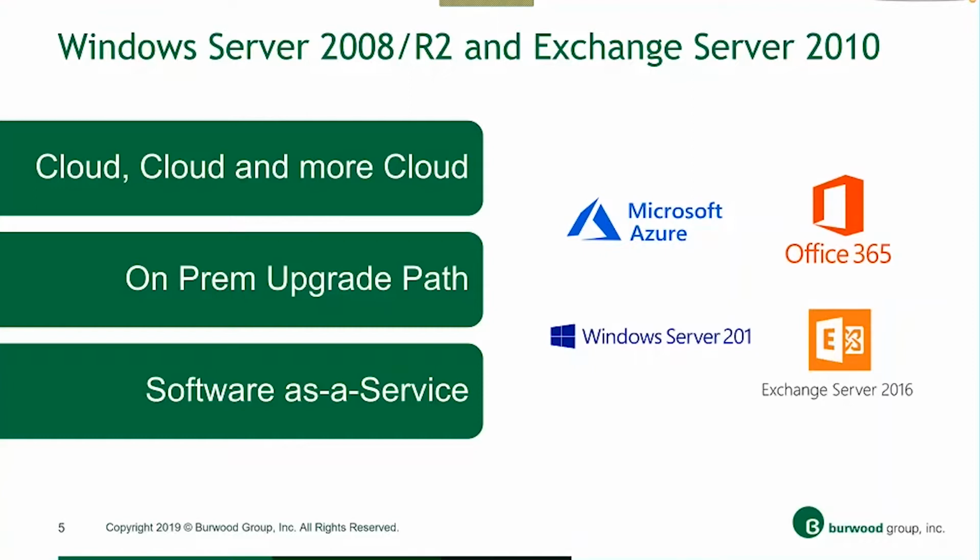And obviously, Office 365 is software as a service by Microsoft, but hosted Exchange is an offering from some other application vendors. So if Office 365 is not your cup of tea, but you still would like to consume email in a hosted fashion, Exchange as a hosted platform is an offer.